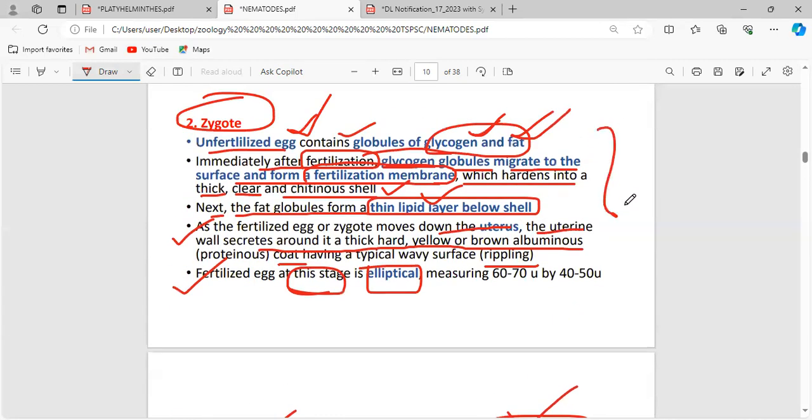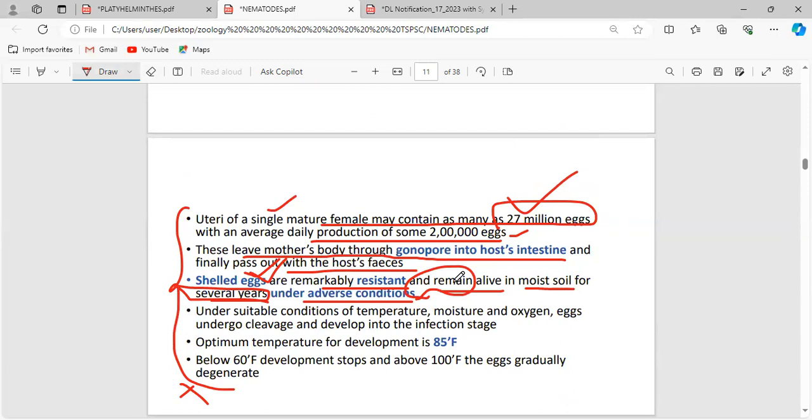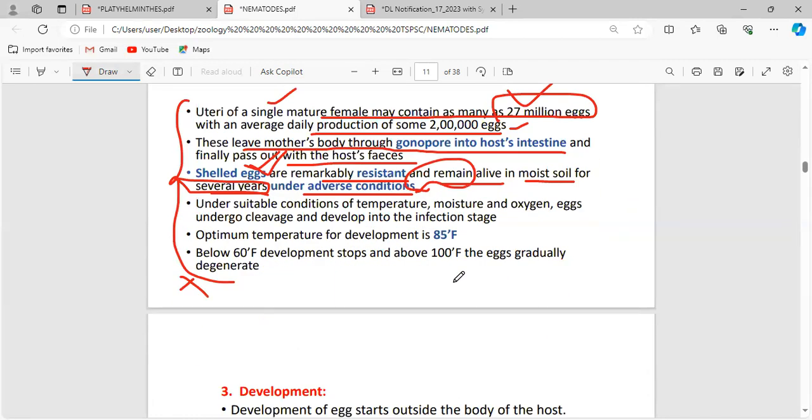See, these coverings are only to keep the cell or the zygote alive for several years. Under suitable conditions of temperature, moisture and oxygen, the eggs undergo cleavage and develop into the infective stage. Clear? The optimum temperature for development is 85 degrees Fahrenheit.